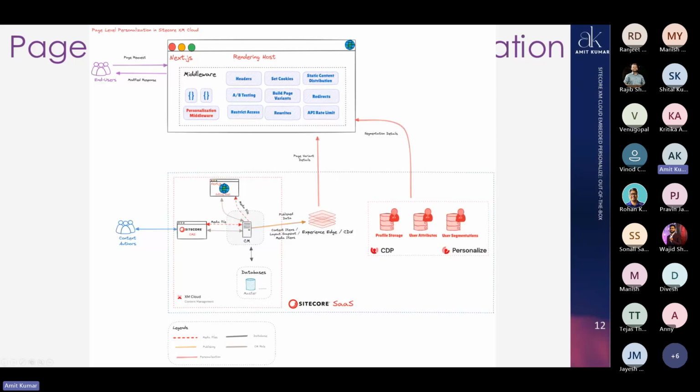Because it's a CDP and Personalize, it stores the profile storage, user attributes and all user segmentation data, and it returns the segmentation, which is applied to the page variant to see whether its condition is met or not. Then on the basis of that, a modified response is sent to the end user so that the user can see the personalized experience.